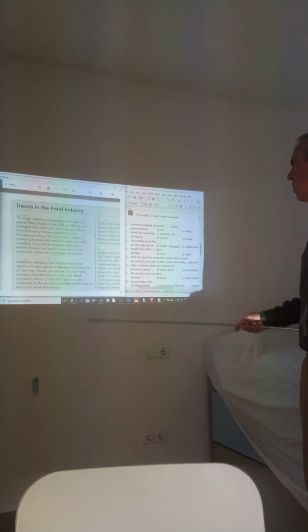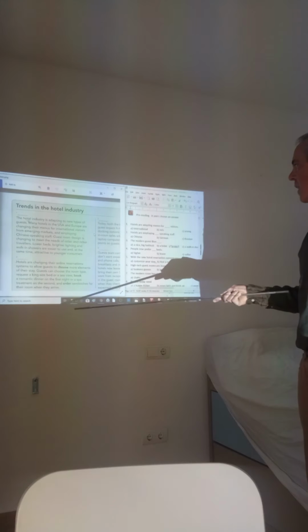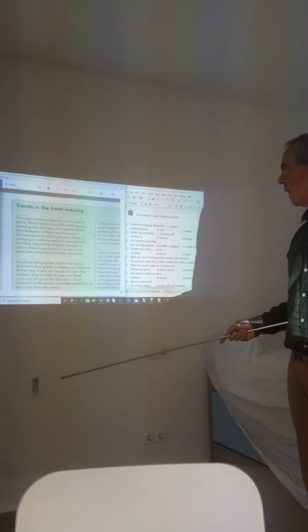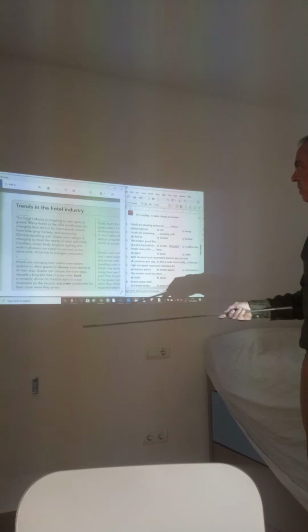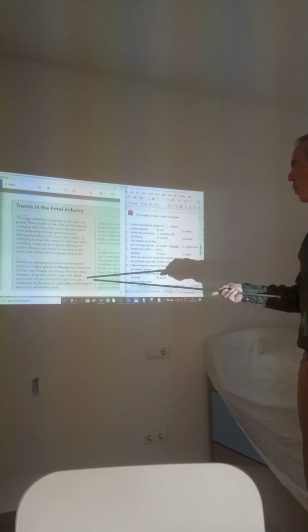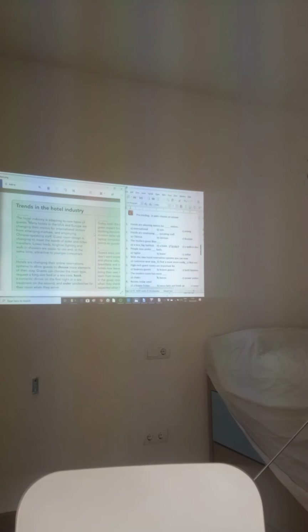Okay? So they can choose more elements. They can choose the room type and the type of bed and the type of view, etc.